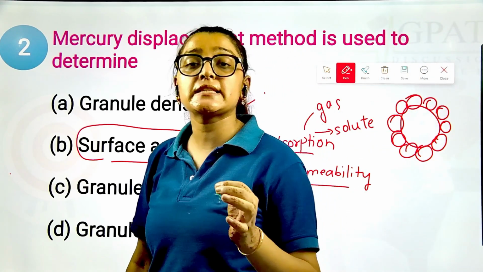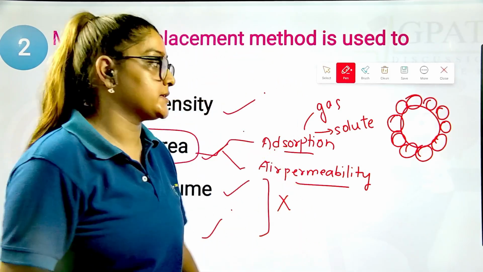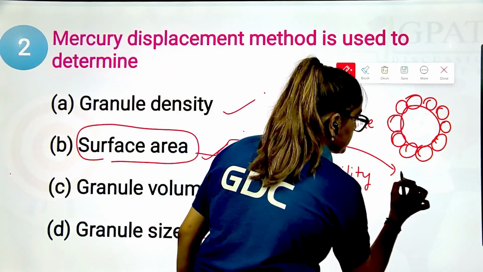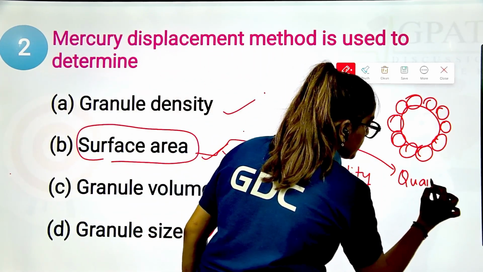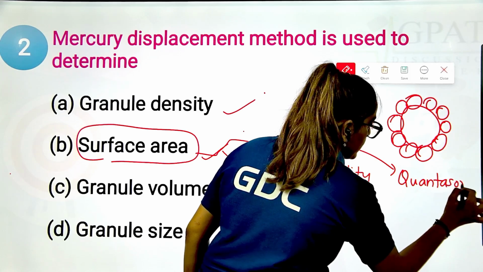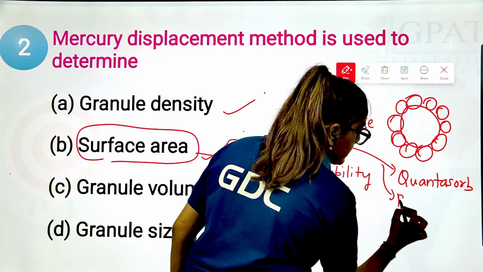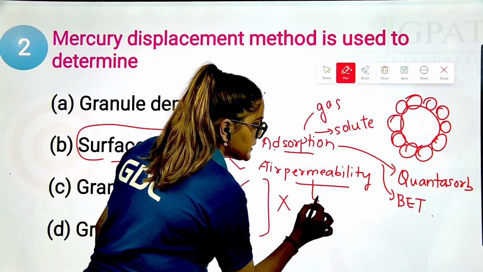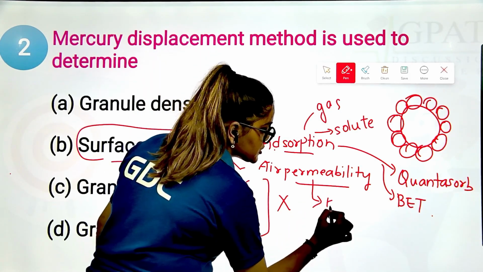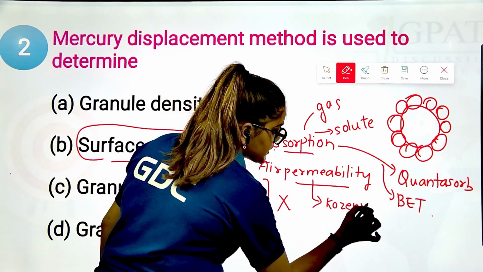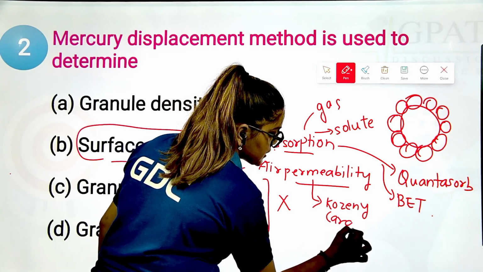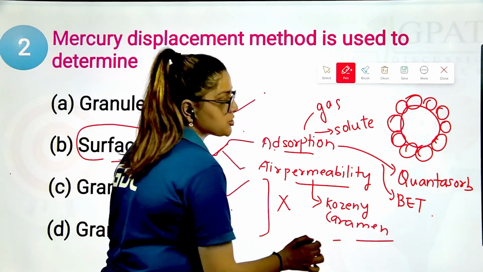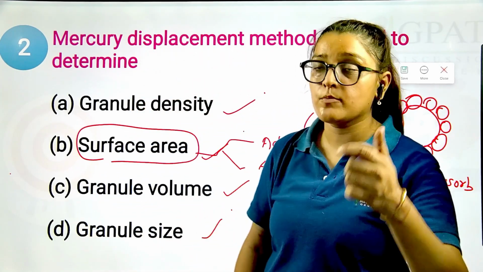The equation that is used is the BET method. This is a very important topic. In the air permeability method, mainly the Kozeny-Carman equation is used. So direct questions can also be asked. Okay, so mark them important.